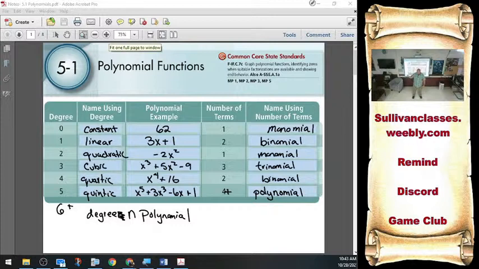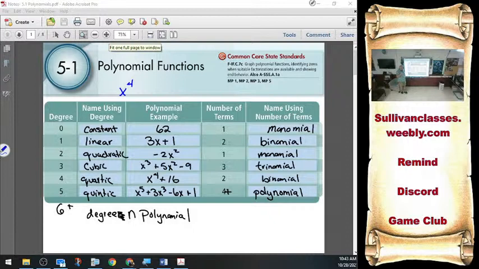Okay? All monomials are technically polynomials, because polynomials is the umbrella for all of this stuff. Because if I had a monomial like x to the 4th, that's one term, right?